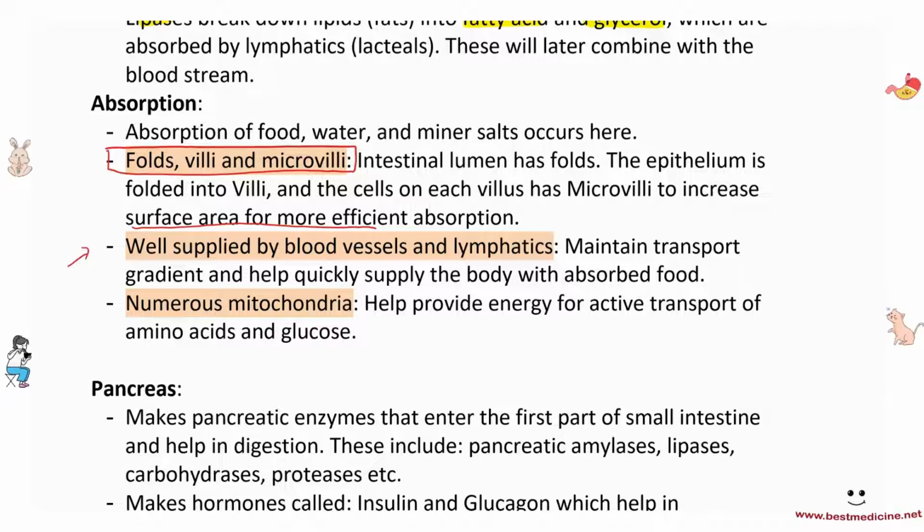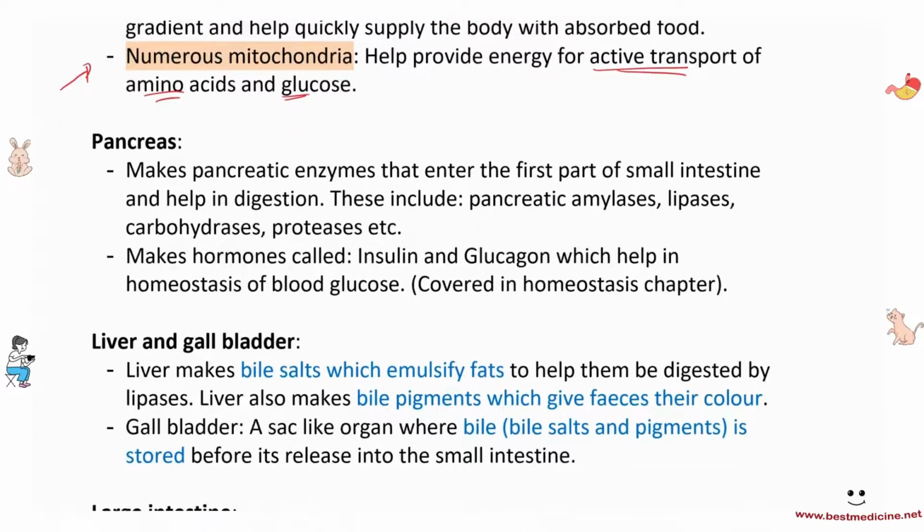It's also well supplied by blood vessels and lymphatics. Lymphatics will take away the fatty acids and glycerol, and blood vessels will take away the amino acids and glucose. And they have numerous mitochondria because we want energy for active transport of both glucose and amino acids. All of this has been previously explained.